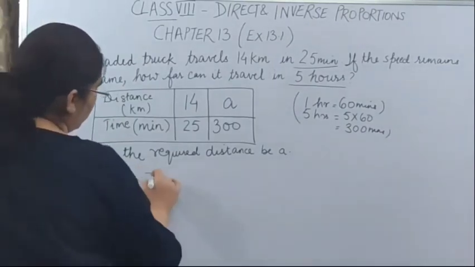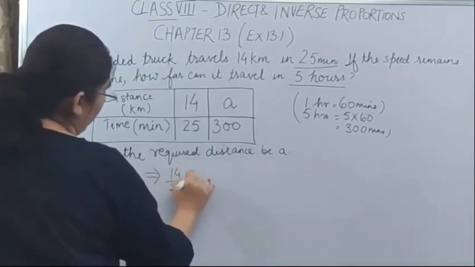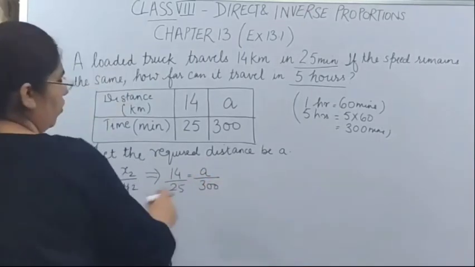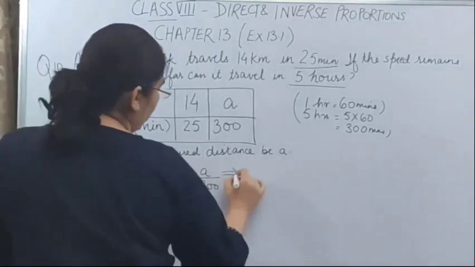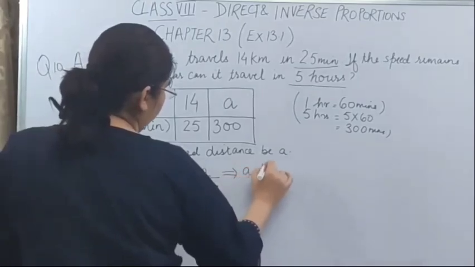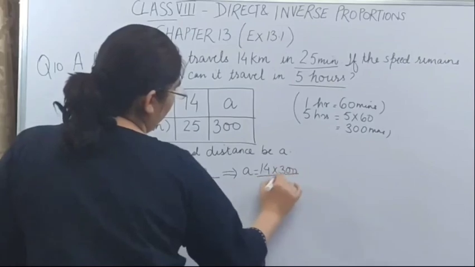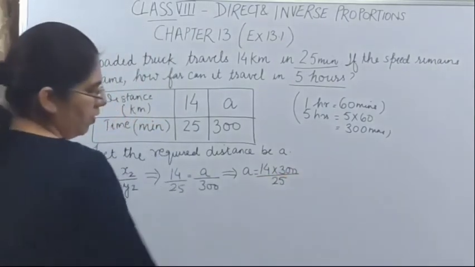So, just substitute the values, you get 14 by 25 equals A by 300. We know how to solve this equation. We will get A as 14 into 300 by 25, right.